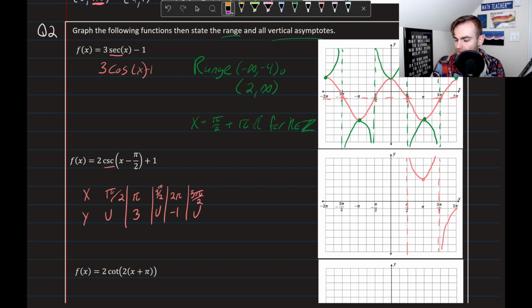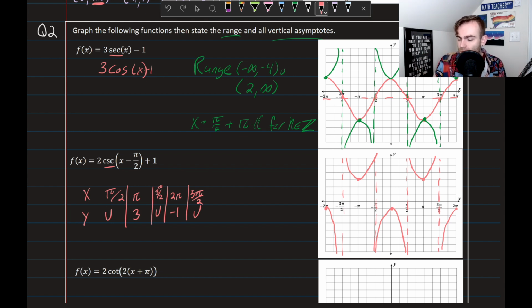So let's fix that over here as well. Vertical asymptote, positive 3, then vertical asymptote, negative 1. And we can finish it off here. So we get the teeth without having to rely on graphing the sine function.